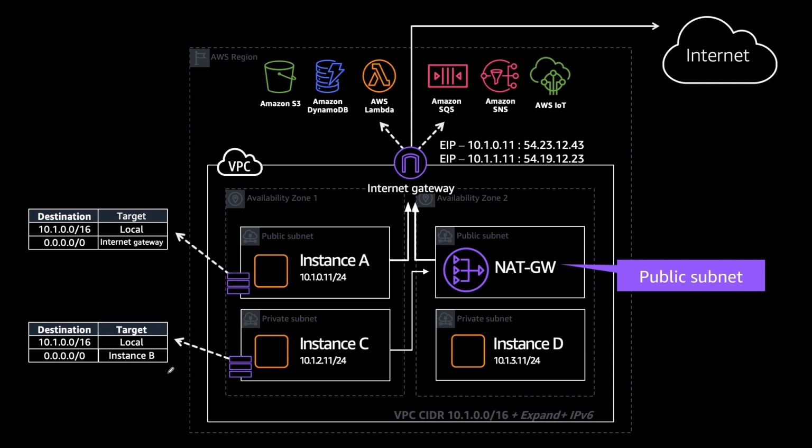But just remember that you should use a NAT gateway, and it needs to always be in the public subnet. Since we have created a NAT gateway, we have to replace the route table target from instance B to the NAT gateway. That's all. This is how you give internet access to your private subnet.